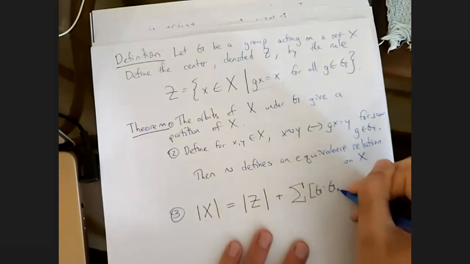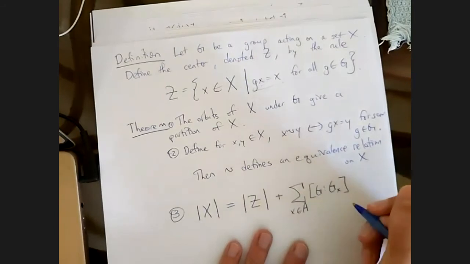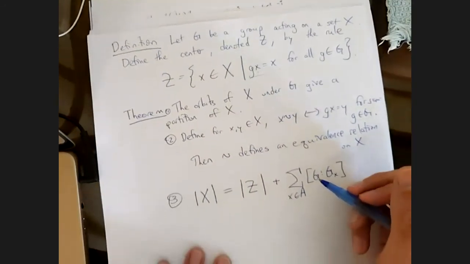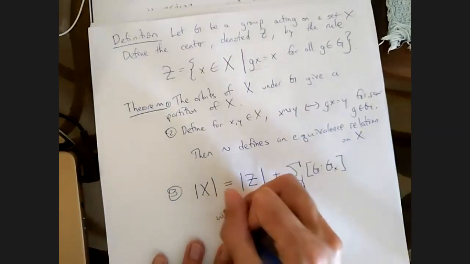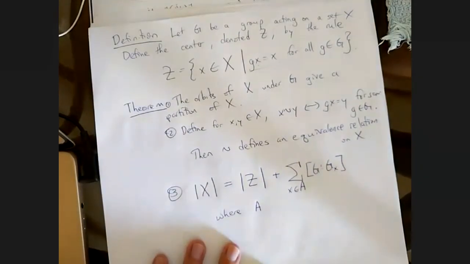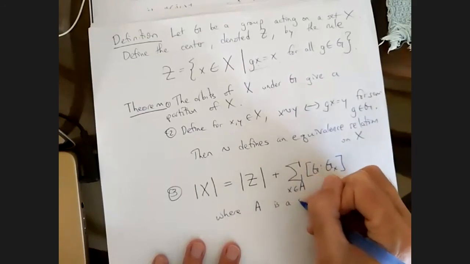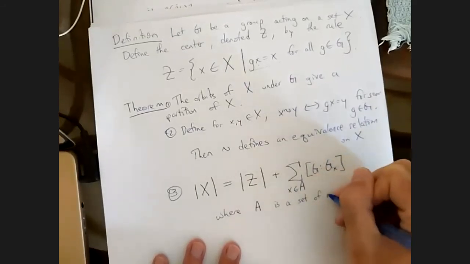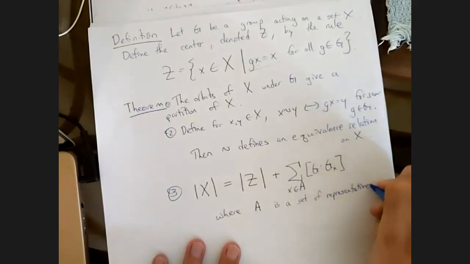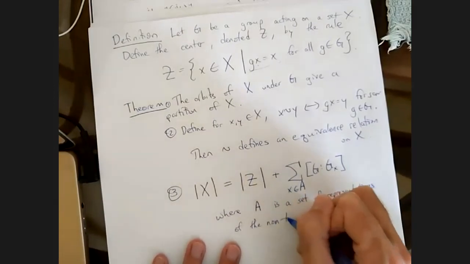The summation of the index, basically over all the non-trivial orbits, where A is a set of representatives of the non-trivial orbits.